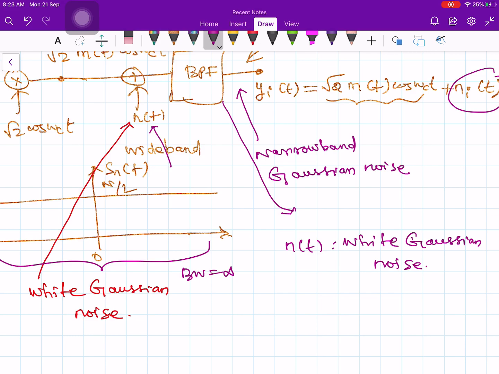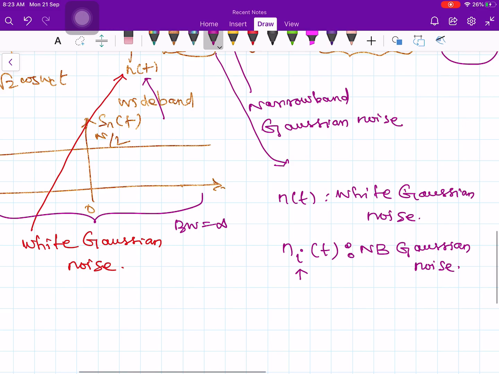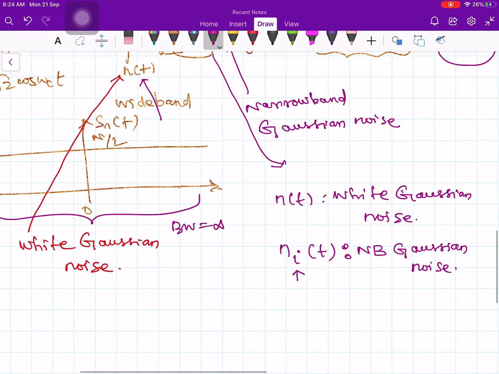The moment you pass it through the band pass filter, the output of the band pass filter is denoted by Ni of t. Here this i indicates input to the receiver, input to the demodulator. So, this is going to be narrow band Gaussian noise. That is white Gaussian noise, and this is narrow band Gaussian noise. And now recall this narrow band Gaussian noise is denoted by the quadrature representation.